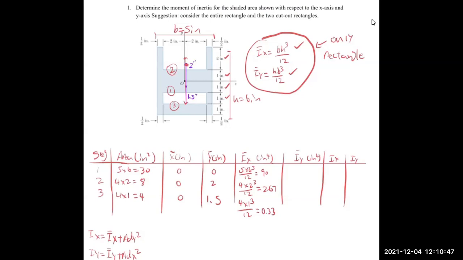Okay, and then for the I bar y, same thing, but you just flip the height and the width, and then don't forget the cube. And I'm just going to write it out.